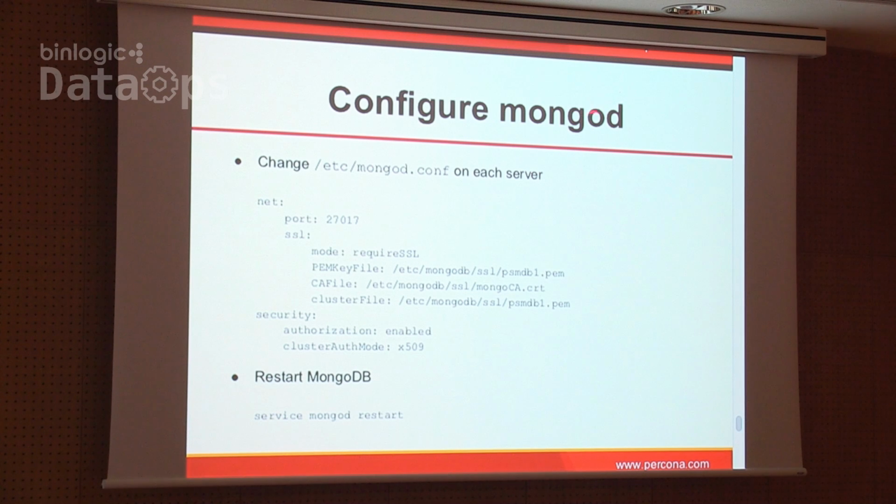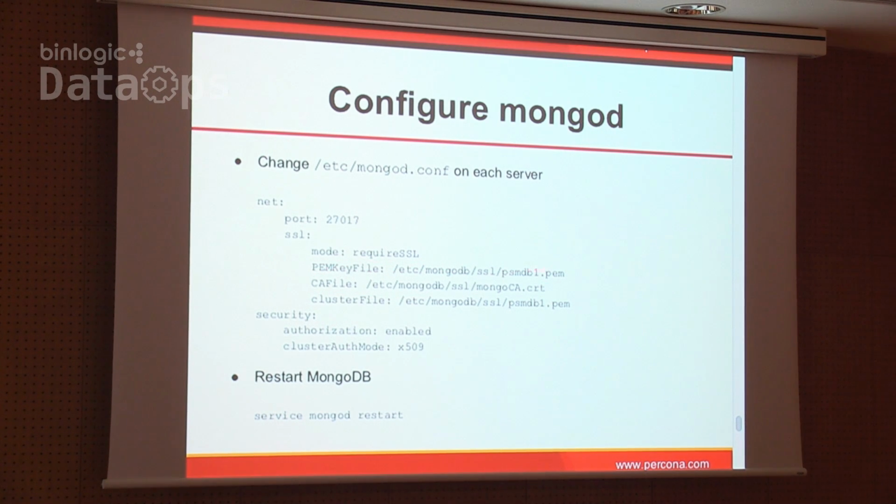Now I need to configure MongoDB. So as usual, I go in my configuration file and I put some little stuff more complicated, but I just need to configure the SSL stage of the configuration file. So I need to specify that I want to use SSL, and I need to specify the files I have created.